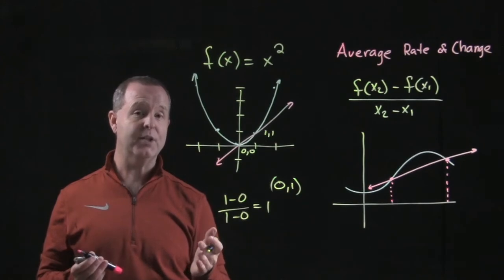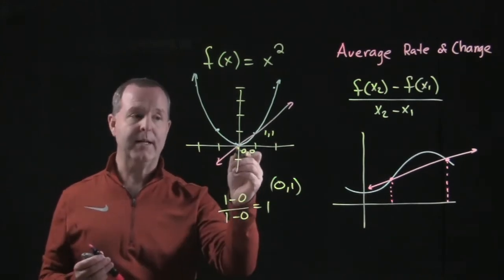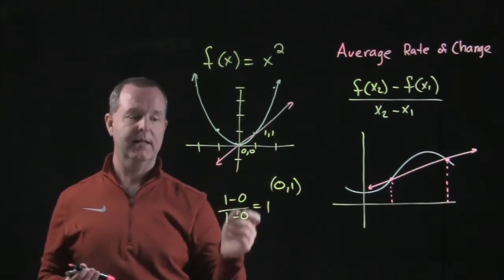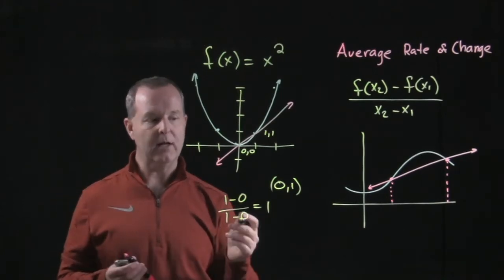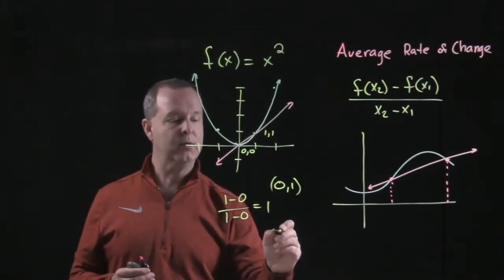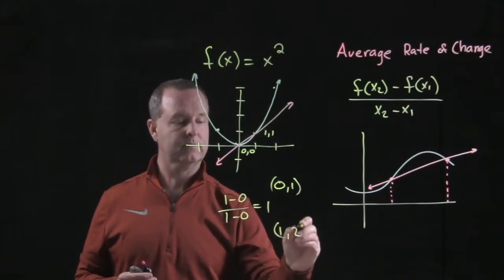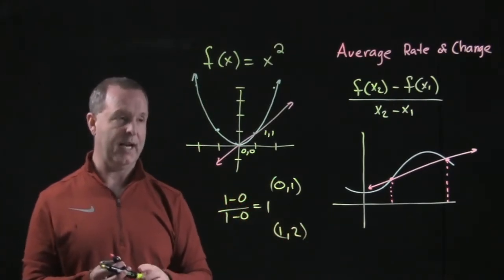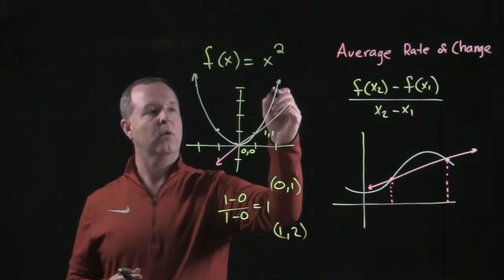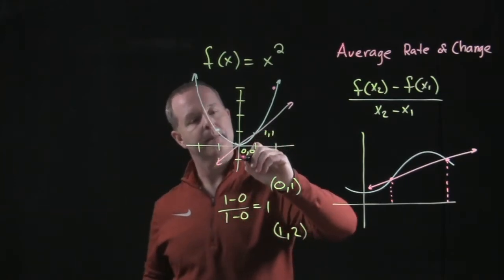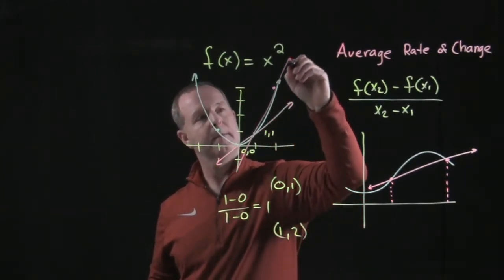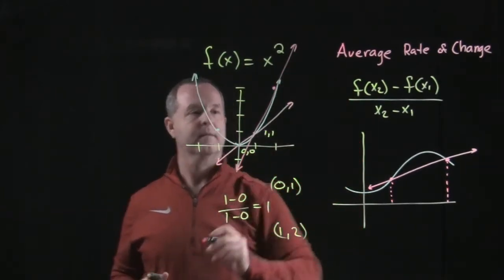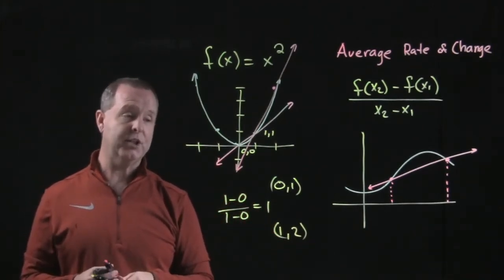So the average rate of change, its slope between the first 2 points I marked, is 1. All right, now let's look at the interval between 1 and 2. What is its average rate of change? Basically, we're looking at these 2 points.